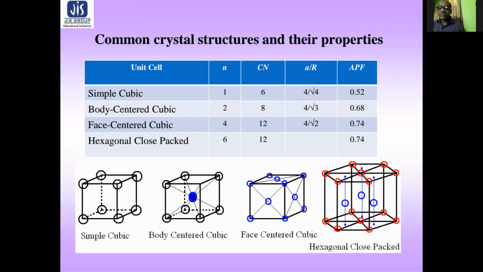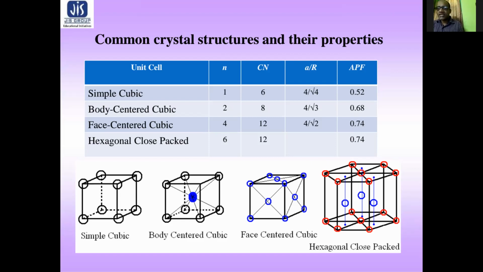So the effective number of atoms in a unit cell will be 4, the coordination number will be 12, and its relationship with the lattice parameter a and atomic radius r will be 4 by root over 2. And while calculating the atomic packing factor, it will give us 0.74.